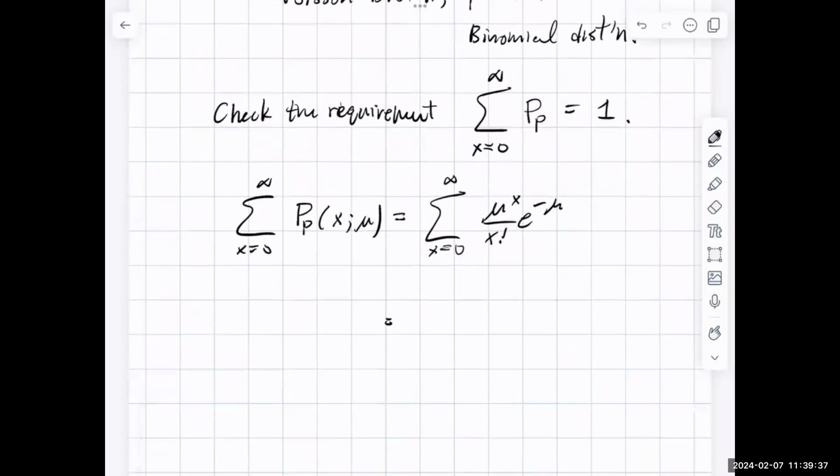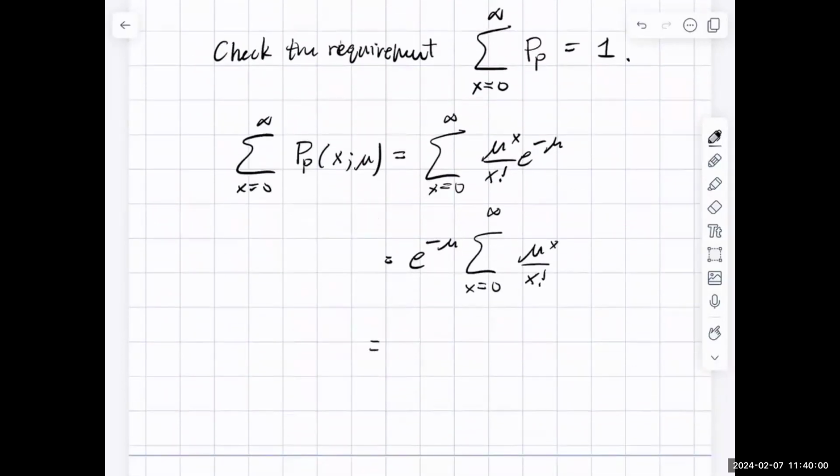The sum is over x, and e^(-mu) has no x in it, so it's constant. It can come outside, and so this is e^(-mu) times the sum of x equals 0 to infinity of mu^x over x factorial. Does anyone recognize this sum? Let's write out some terms. e^(-mu).